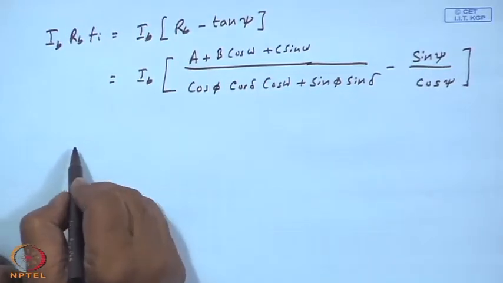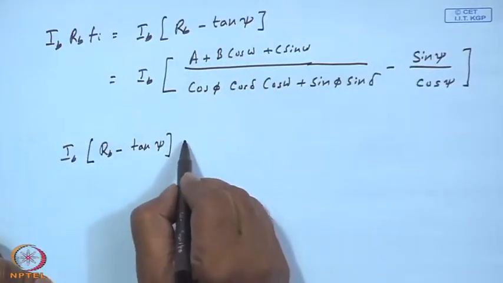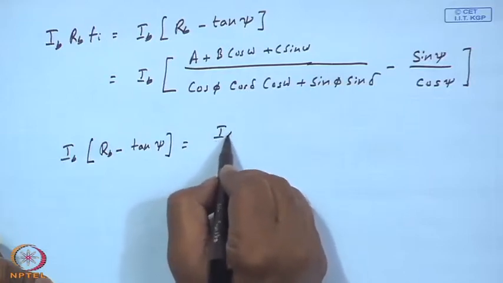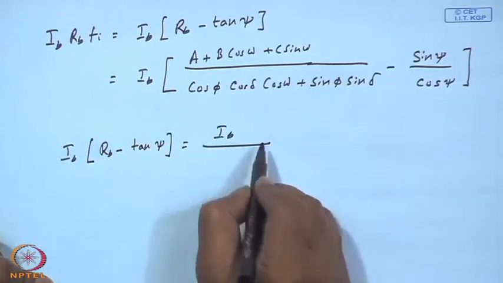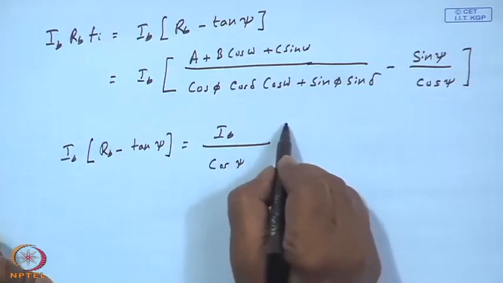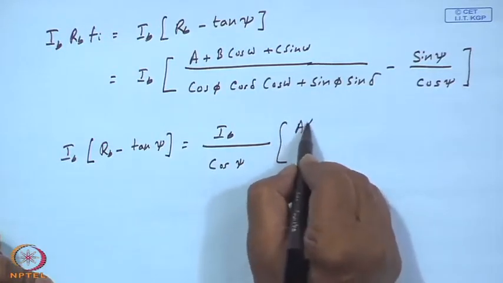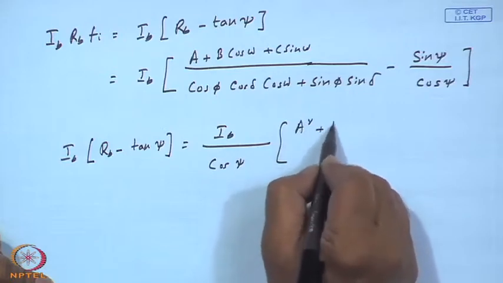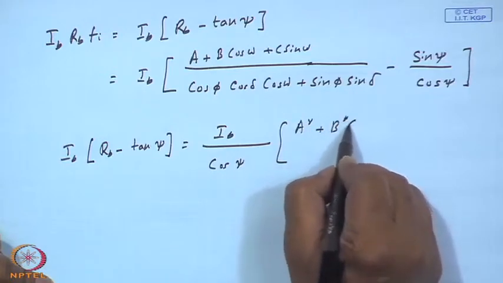So, what I can do is I_B times R_B minus tan psi, that is what you have here, should be equal to I_B by cos psi times A star plus B star.